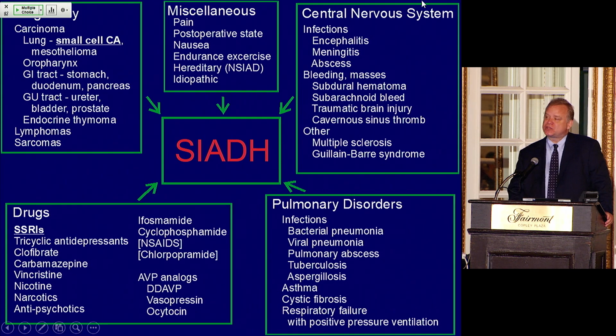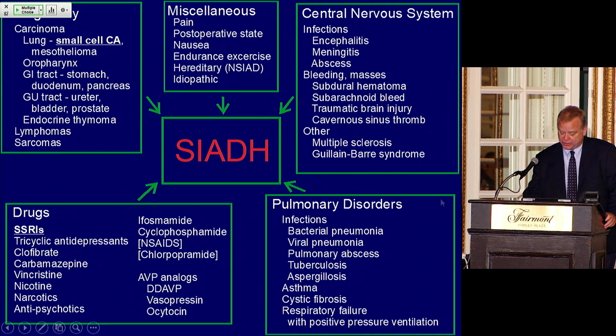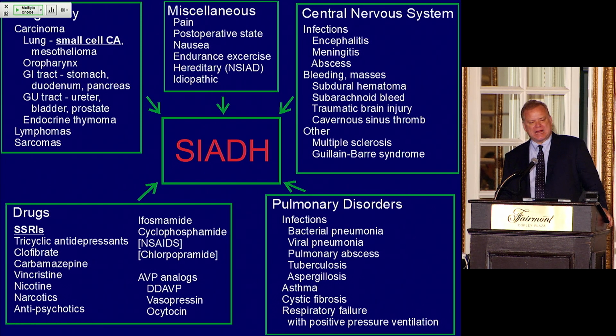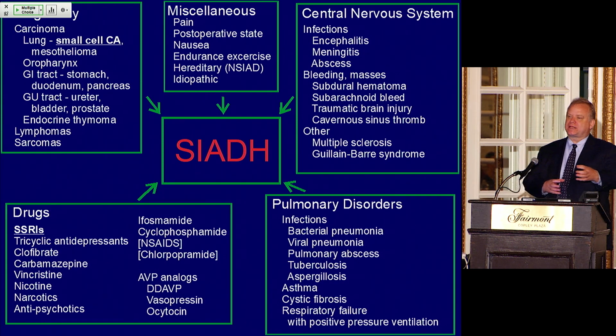Central nervous system disorders can give you SIADH, pulmonary disorders, and drugs, we talked about SSRIs. There are other drugs that tend to get sort of put into this category but aren't really classically SIADH. So NSAIDs don't cause an increase in vasopressin, but because prostaglandins antagonize vasopressin effects in the kidney, they will potentiate any increase in circulating vasopressin.